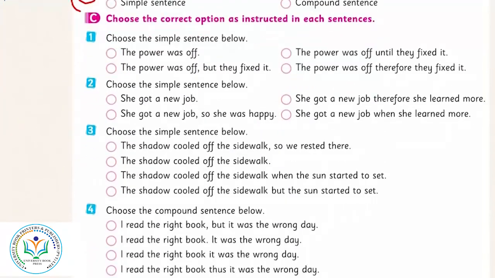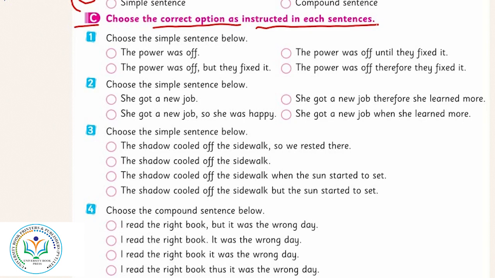Now look at Section C. Choose the correct option as instructed in each sentence. For each sentence we have 4 options and you have to choose the right one. Choose the simple sentence below. What will be the simple sentence here? The power was off. The power was off until they fixed it.